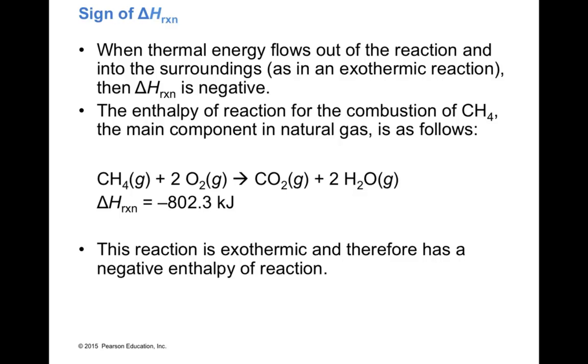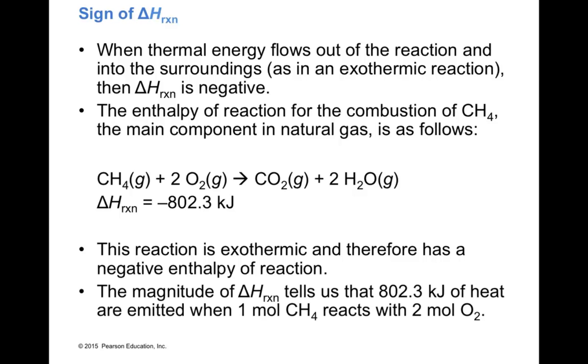In this case, it went from the reaction to the surroundings. That's why it's exothermic. It released that energy. It's negative. The magnitude of delta H reaction tells us that 802.3 kilojoules of heat are emitted when 1 mole of methane reacts with 2 moles of oxygen.